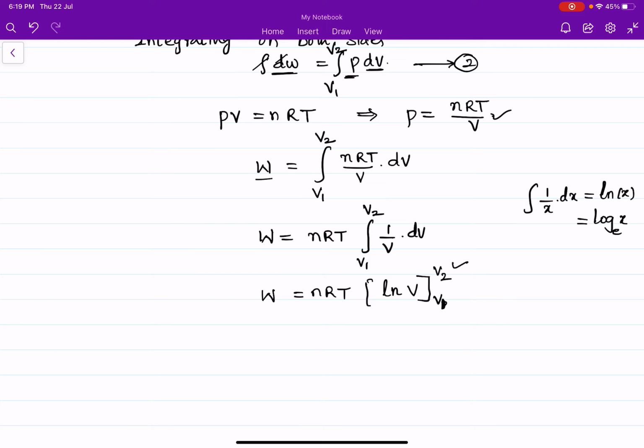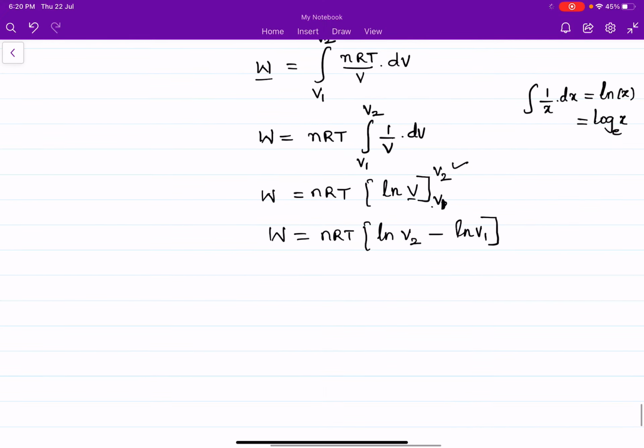Apply the final limit first: wherever V is there, put the final limit, nRT into ln V2, minus the initial limit applied the same way, ln V1. Now work done is nRT times log V2 minus log V1.